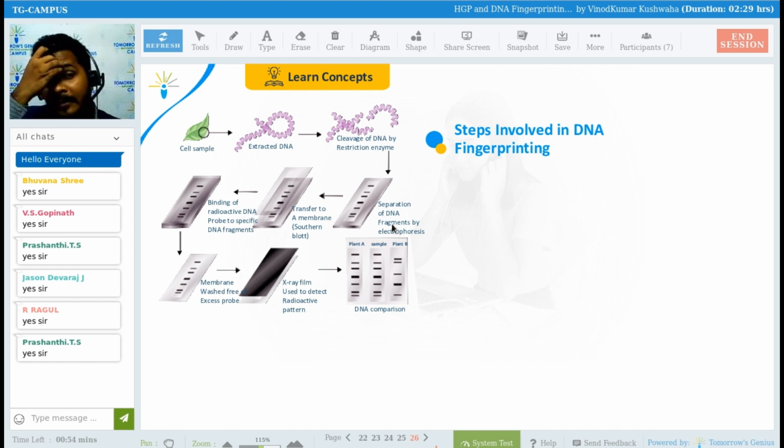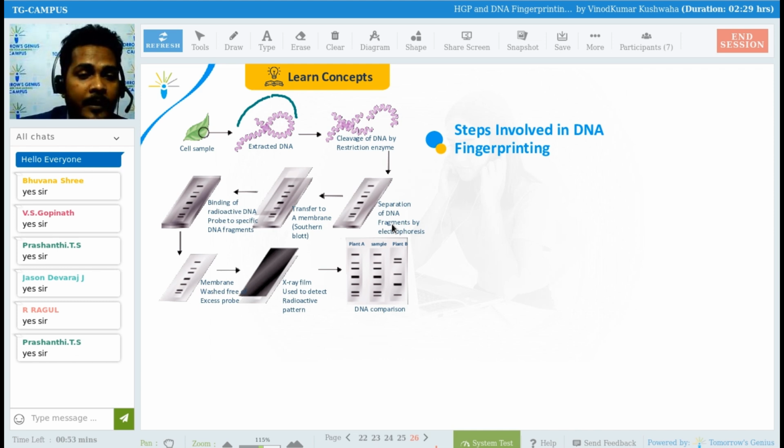Now DNA is a thread-like filament, right? So you have to break it into small pieces, into fragments. So how will you break it?